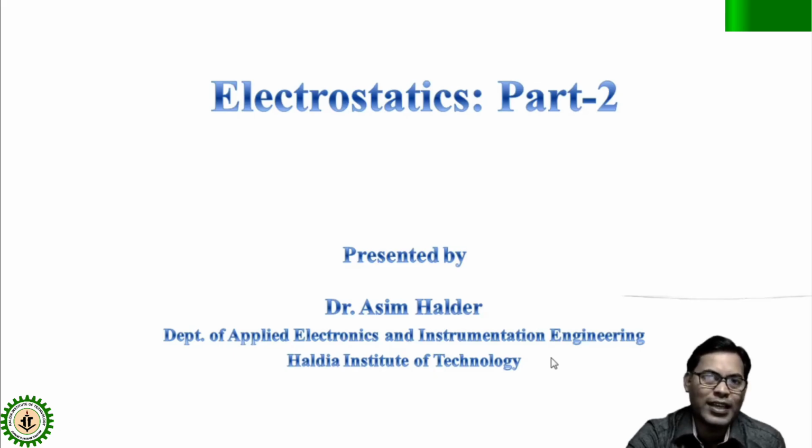Now, instead of considering point charges, if we consider a line of charge, a surface of charge and a volume of charge, then how to calculate the electric field intensity, that we are going to see in this lecture. So, let us start the topic today, that is the calculation of the electric field intensity for the line charge, for the surface charge and for the volume of charge.